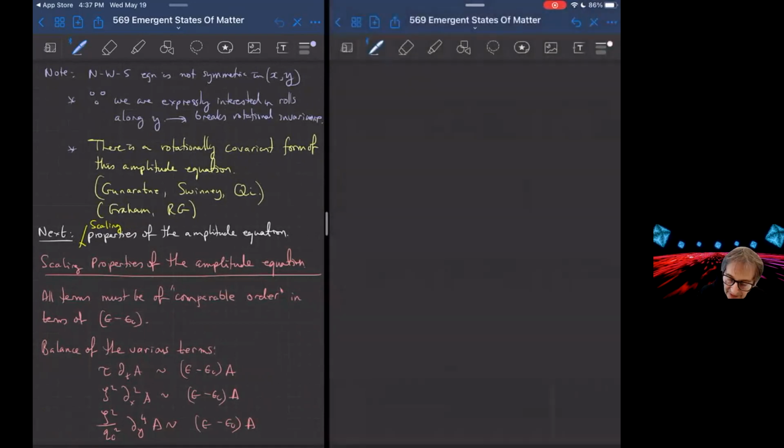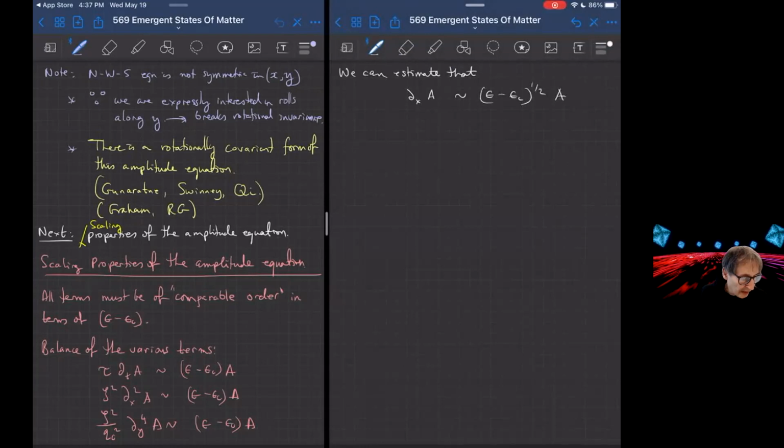So this implies that we can estimate that spatial derivatives in the x direction of this pattern scale like epsilon minus epsilon c to the 1/2.